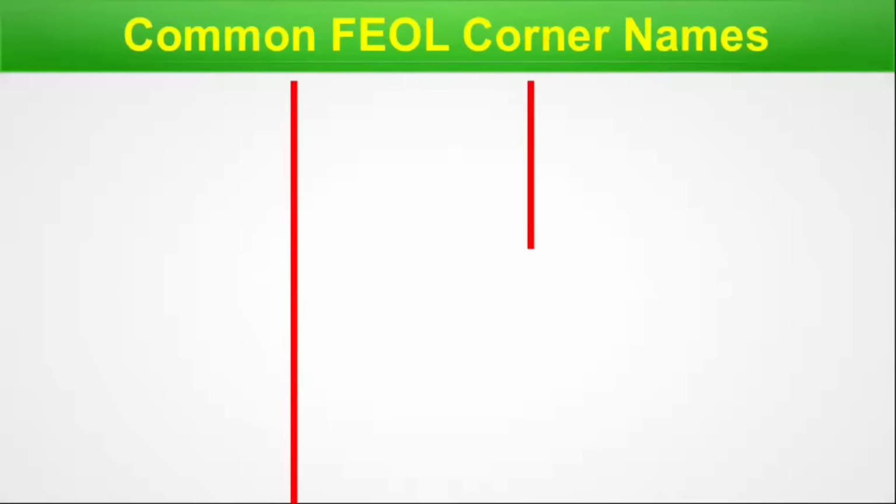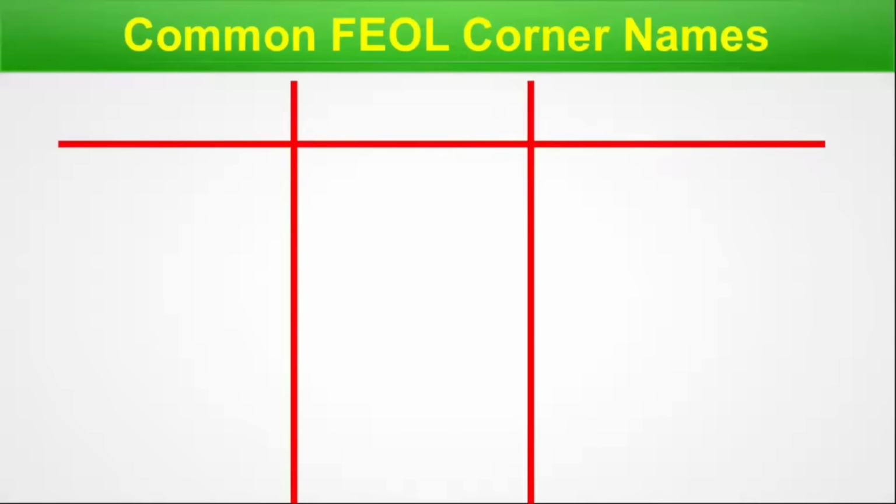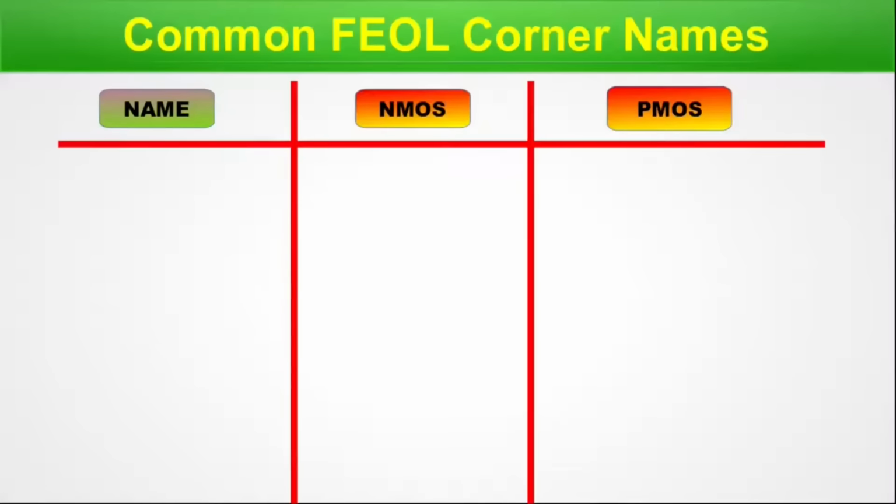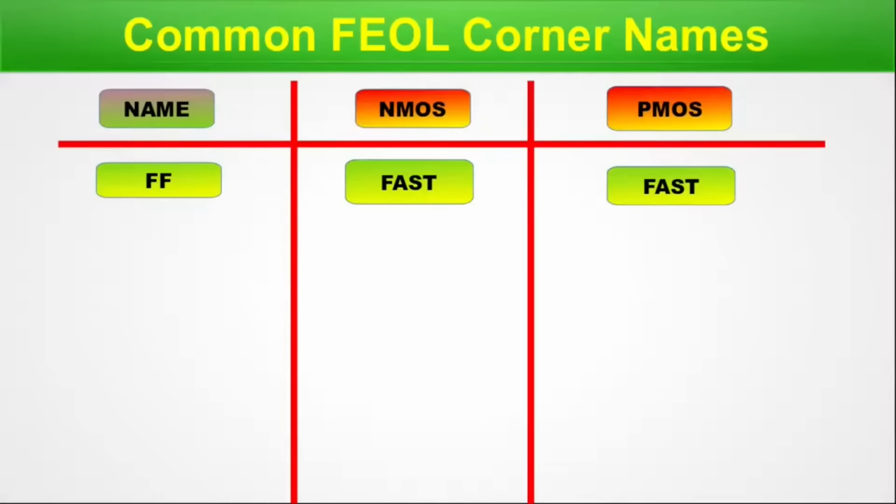Common FEOL corner names. Here we'll go through the common FEOL corner nomenclature. Here we are drawing a table. In the leftmost column will be the name, and in the first column there will be the NMOS and PMOS. So first is FF. Here NMOS is fast and PMOS is fast. So first F comes from NMOS and second F comes from PMOS.